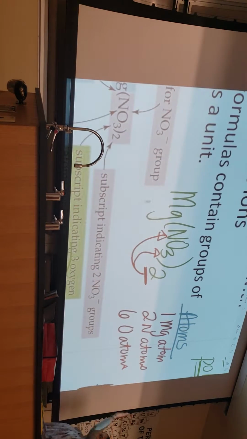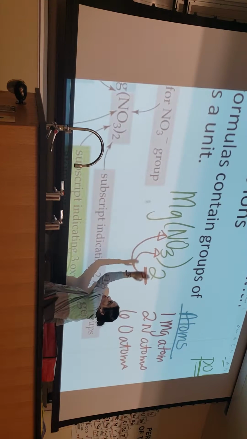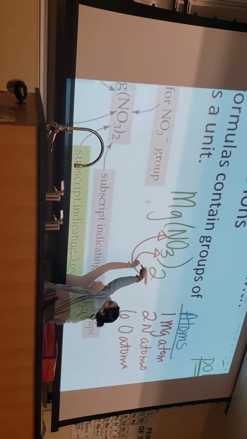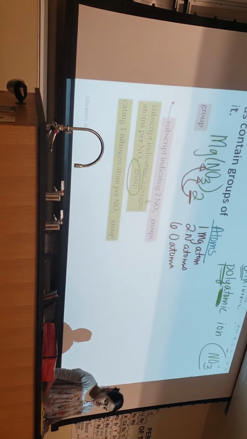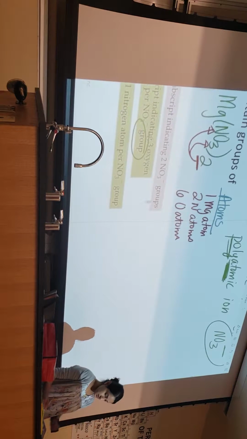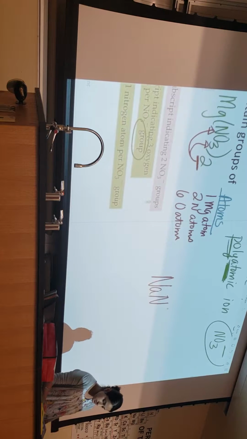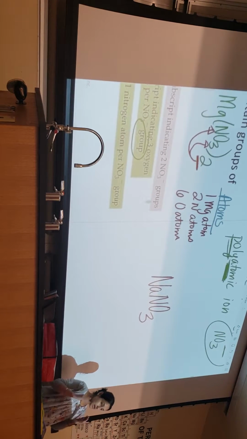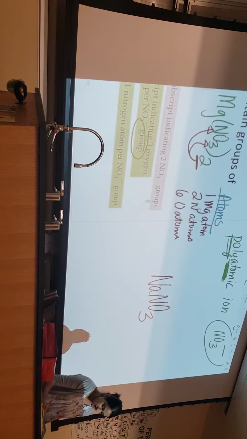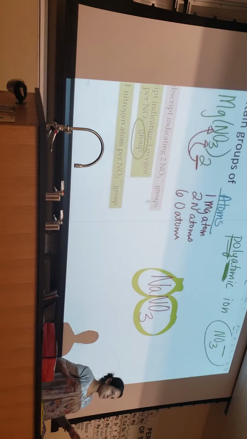So if I'm asking for atoms, you look at, okay, do you have some type of unit? And you'll know that by the parentheses. If you don't have parentheses, then you only have one unit of it. Meaning if you have something like this. So it's still nitrate, the NO3, you still have that. And then you have sodium, but no parentheses.